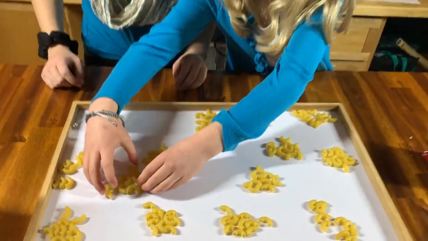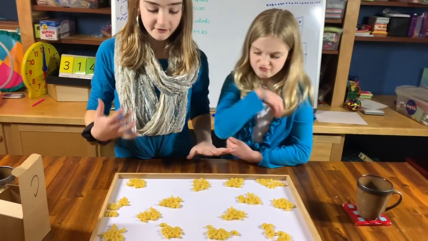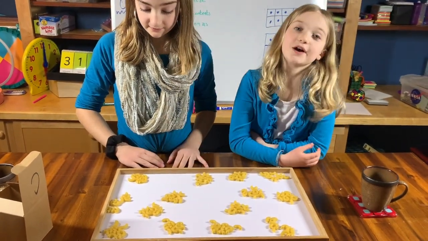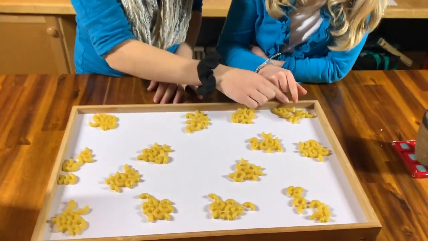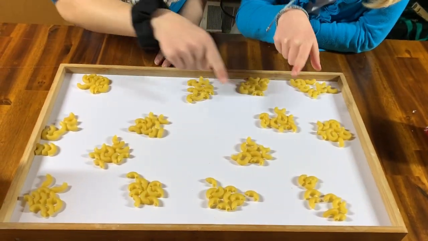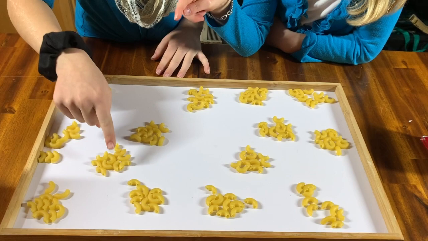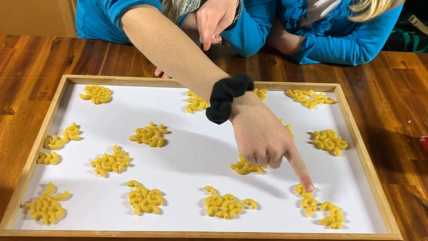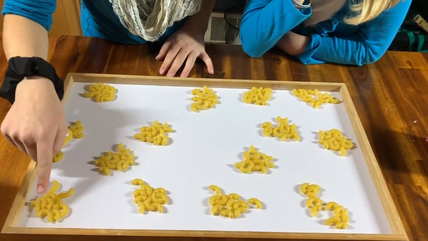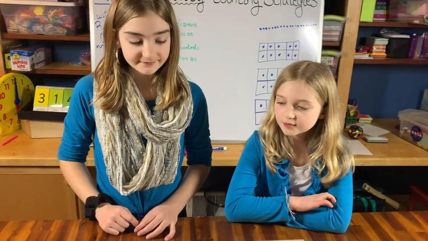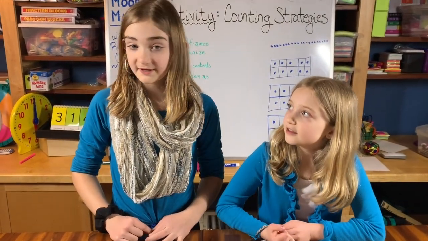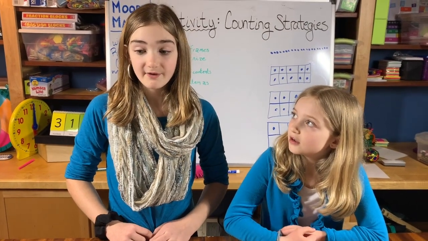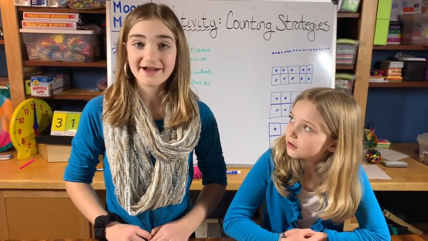All right. Perfect. Now that we have all of our groups of 10, we can count them. 1, 2, 3, 4, 5, 6, 7, 8, 9, 10, 11, 12, 13, 14. We have 14 groups of 10. We can multiply, or we can use a calculator.